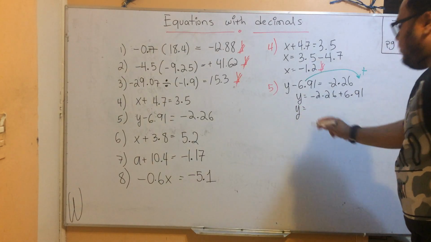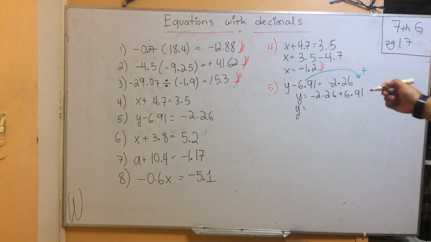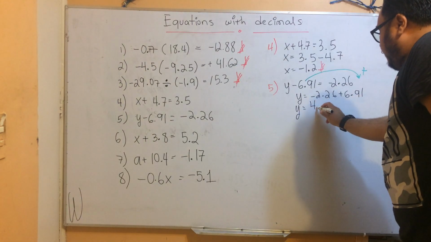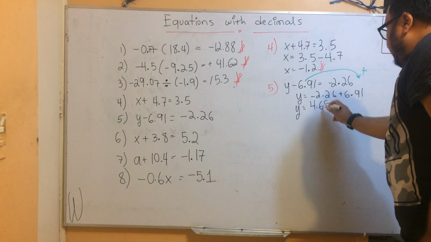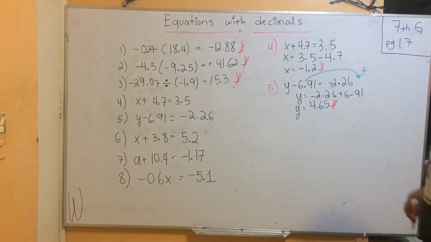So y is going to be negative 2.26 plus 6.91. That's going to be positive. Remember, it's a positive answer, 4.65. And there we have our answer.